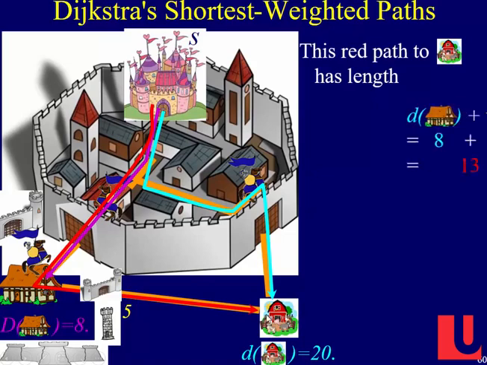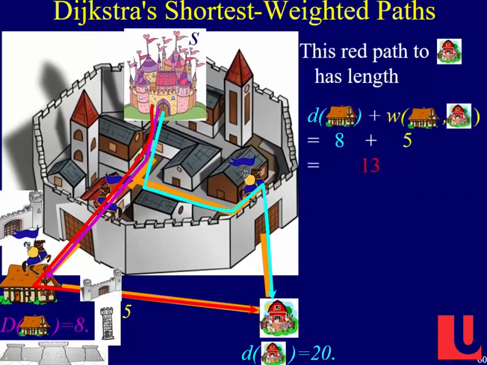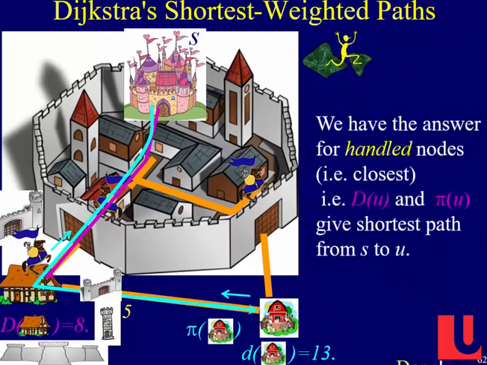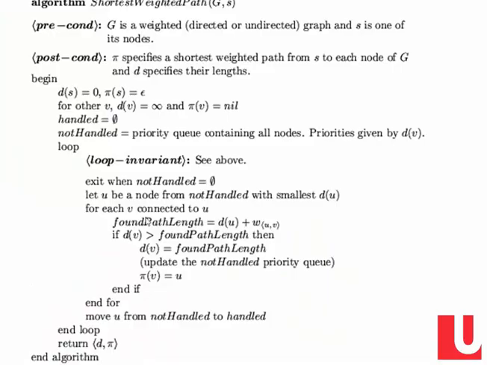And so that length is 13. And then we see which is better. Is the 13 better or is the 20 better, right? And the 13 is better, and hence we update that, right? We no longer consider this path to v. We now consider this path to v, right? So that's what the code is doing.